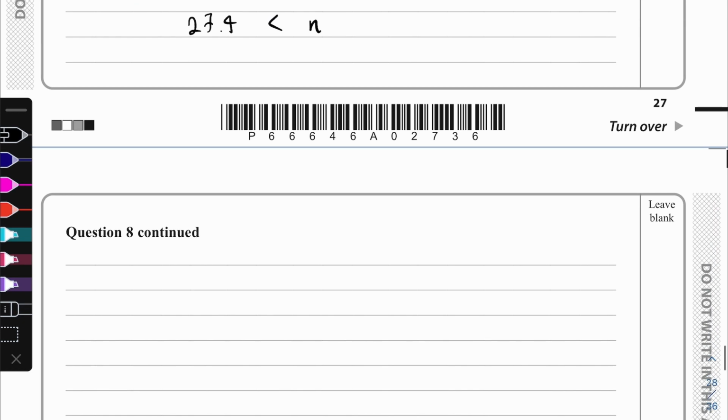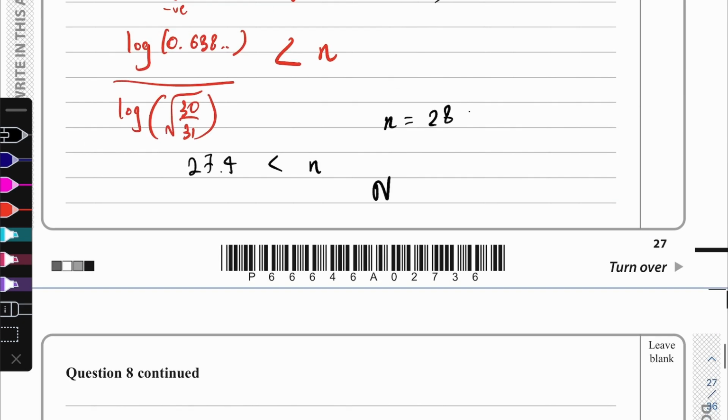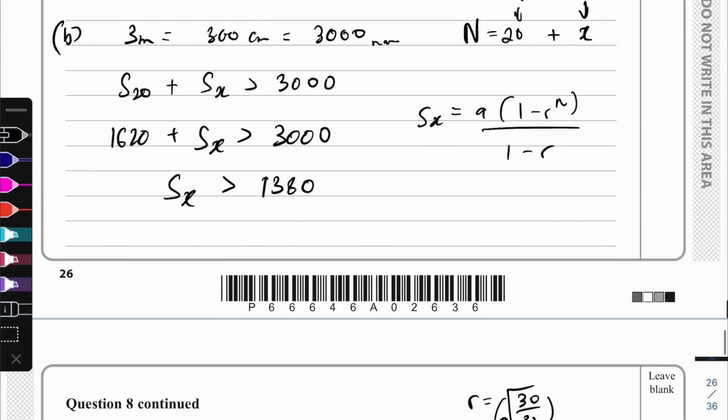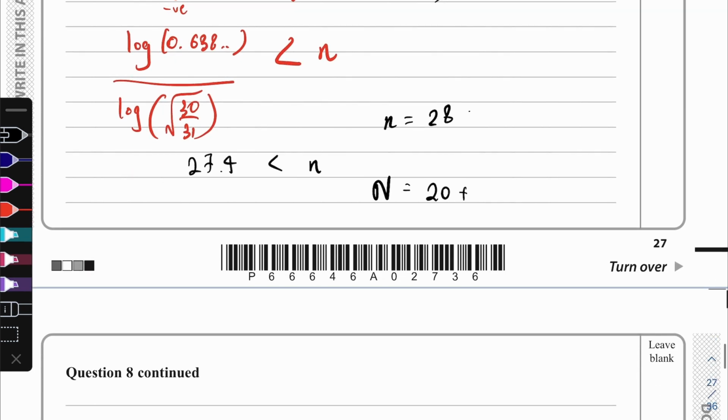So what's our capital N? Capital N is equal to 20 plus x. We found this was x, right? The sum of a geometric sequence in that. This is now 28. This equals 48. So n equals 48 terms. So that's our final answer.